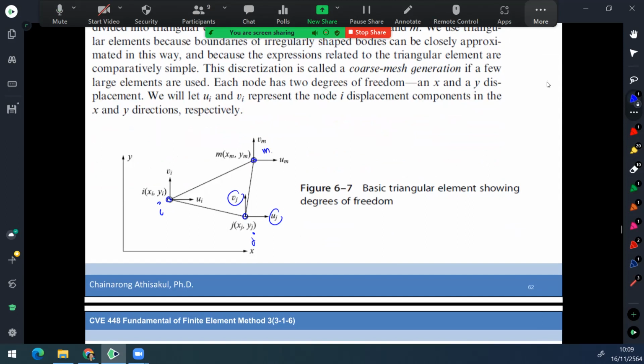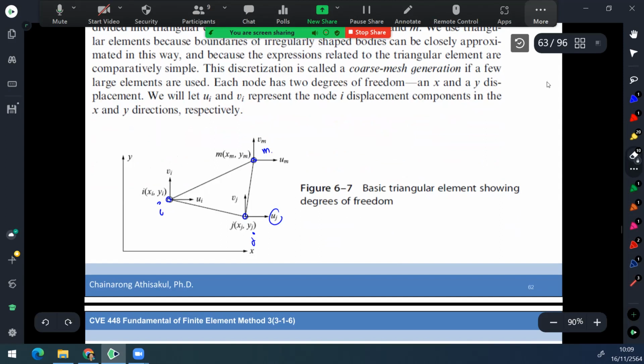But one thing we have to be concerned about is that in order to define the names of the nodes, we have to follow this rule. The nodes IJM that we apply have to be consistent in direction for every element.